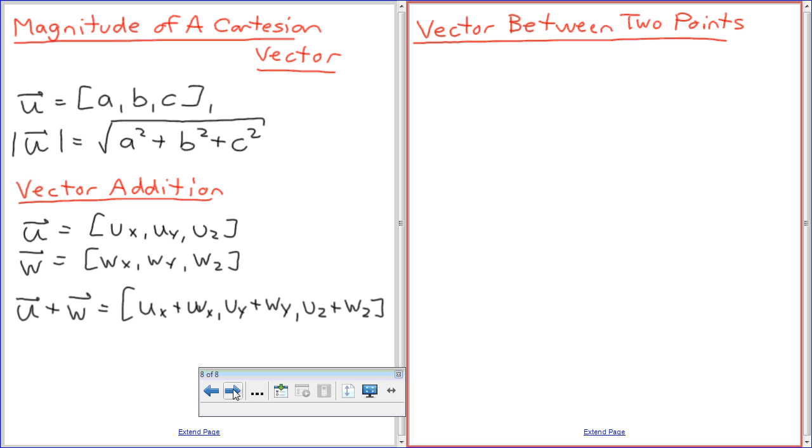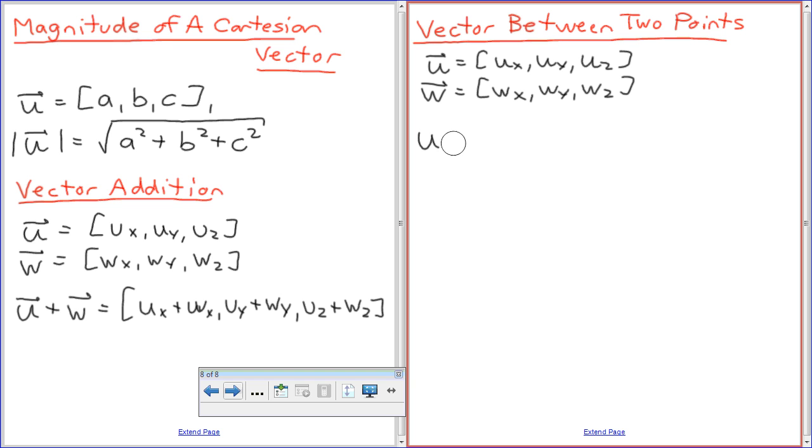So once again, if I have u equal to ux, uy, uz, and w equal to wx, wy, wz, the vector uw equals wx minus ux, wy minus uy, wz minus uz.